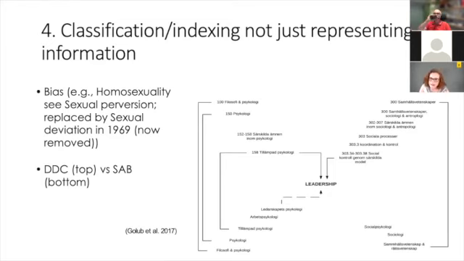Another, a bit harder to discern example is if we compare DDC, Decimal Classification, with the Swedish National Classification System that was recently replaced by DDC. It's interesting to see that DDC looks at leadership as social control through specific models, and that is not at all present in SAB.